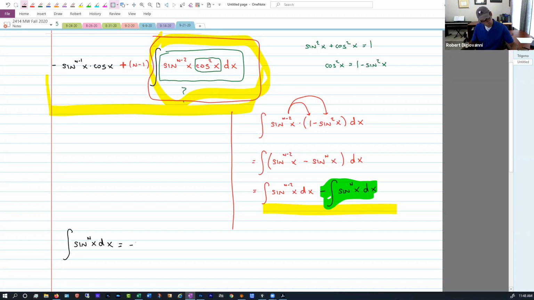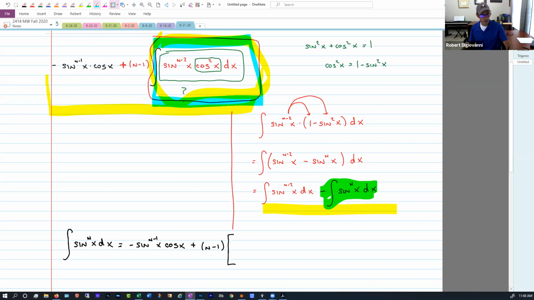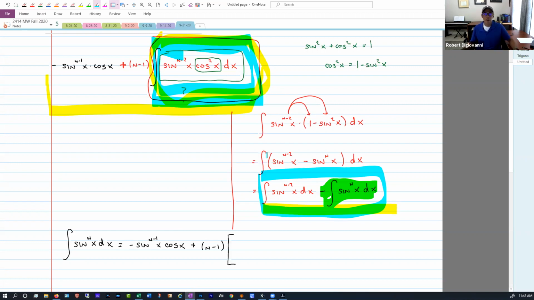It's equal to negative sine to the n minus 1 of x times cosine x plus n minus 1 times, now I'm replacing this whole integral in blue with this stuff right here. And that n minus 1 in front has to distribute to each of those, right? So I'm going to have the integral of sine to the n minus 2 of x dx, and then minus the integral of sine to the n of x dx.